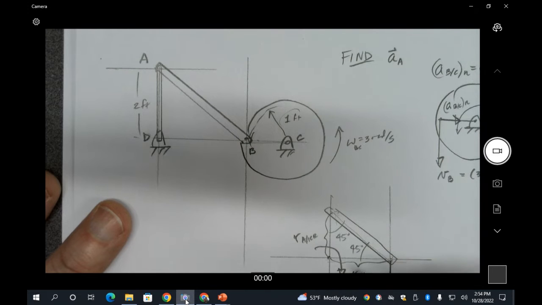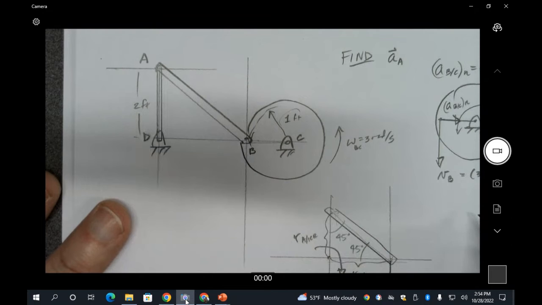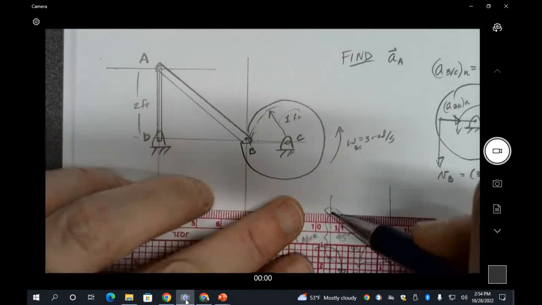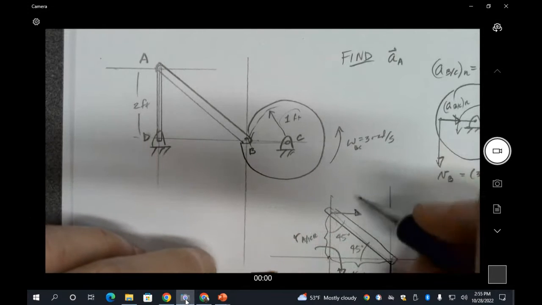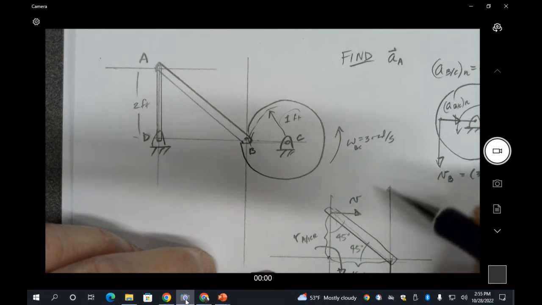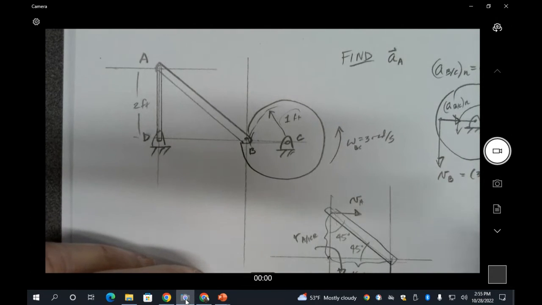So we're going to have our omega AB. I guess that's how I labeled it, the AB, right there. And for this, we're going to have VA. Well, this is going to be kind of a little too easy. Our R B with respect to ICR is going to be equal to our R A with respect to ICR, which is going to be equal to 2 feet.